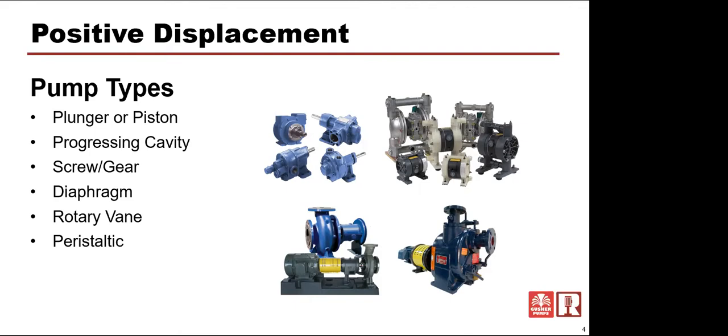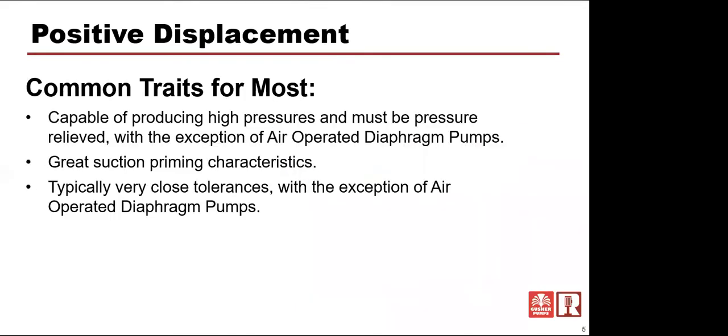And if we compare those types, pump selection all the way through really is a series of trade-offs. And that's why there's so many different types of pumps, to be able to get to the best pump solution for a given application. But the common traits, I should say, of positive displacement pumps are they're generally capable of producing very high pressures. They're generally very efficient.